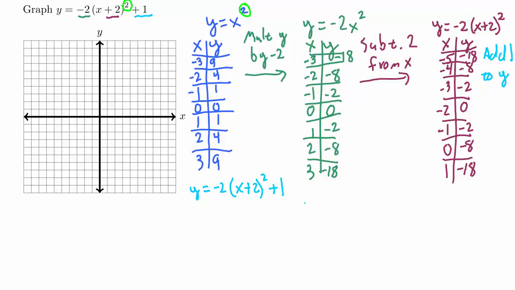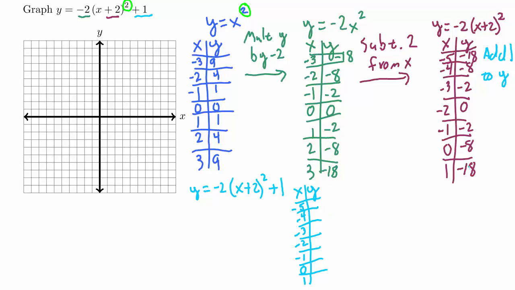And that'll make it to where I can do an XY table. I'm going to do it right here, just so I'll have enough room, hopefully. Now, because it affects the y values, that means that the x values all stay the same. So I still have -5, -4, -3, -2, -1, 0, and 1.